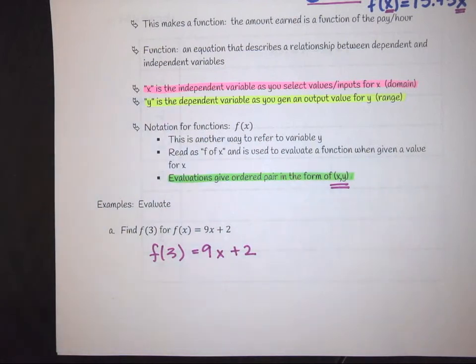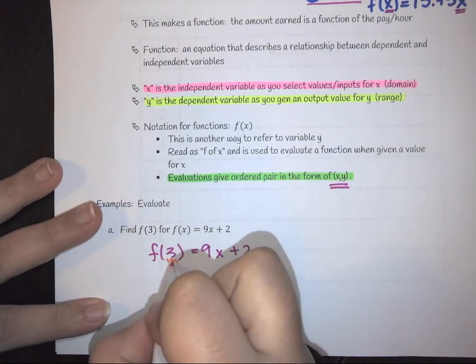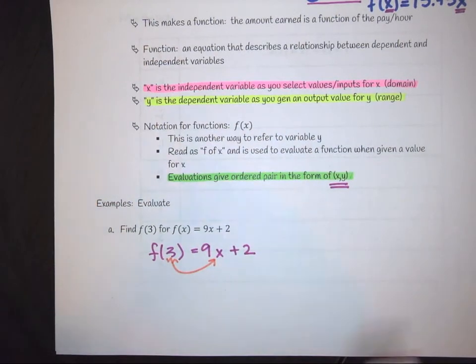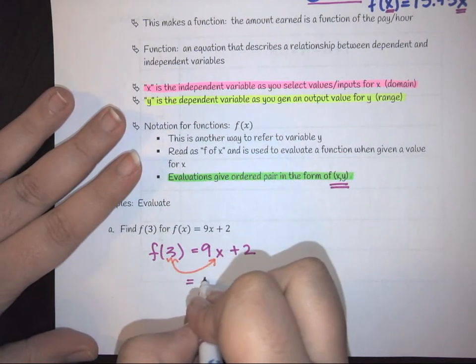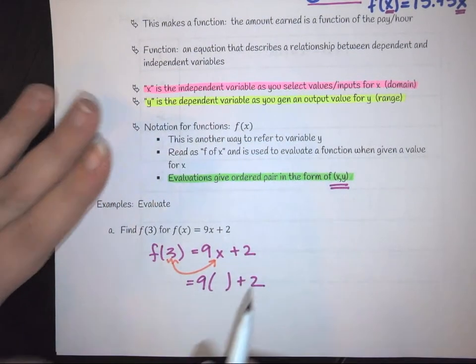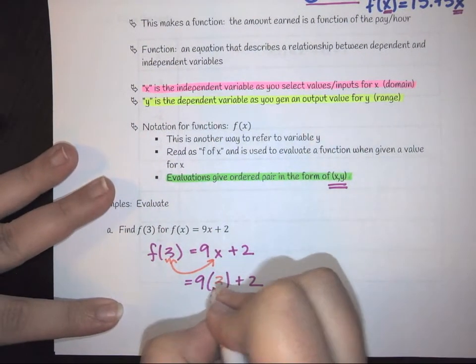So I have this 3 here, and I need to do something with it. So this 3 value right here has to be input into this x value. So what my equation becomes is that I have 9 times my something plus 2. Well, that something in this case was 3.